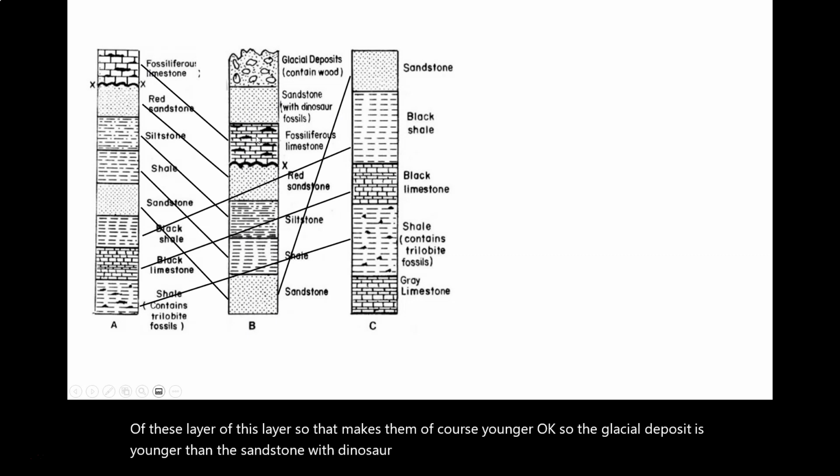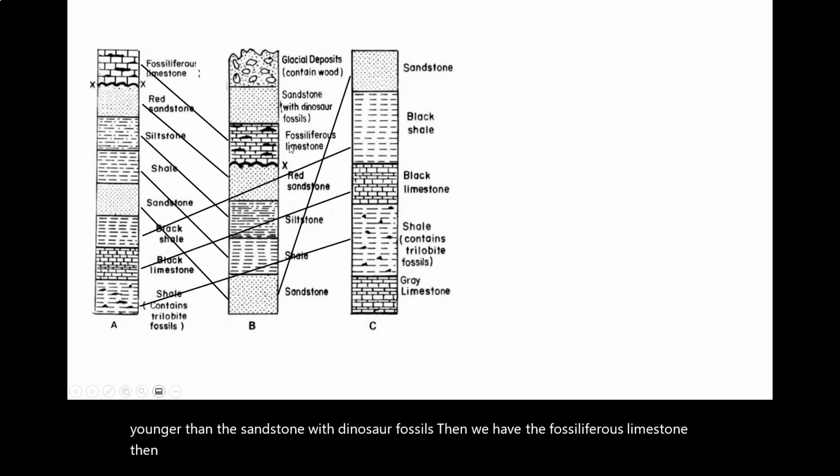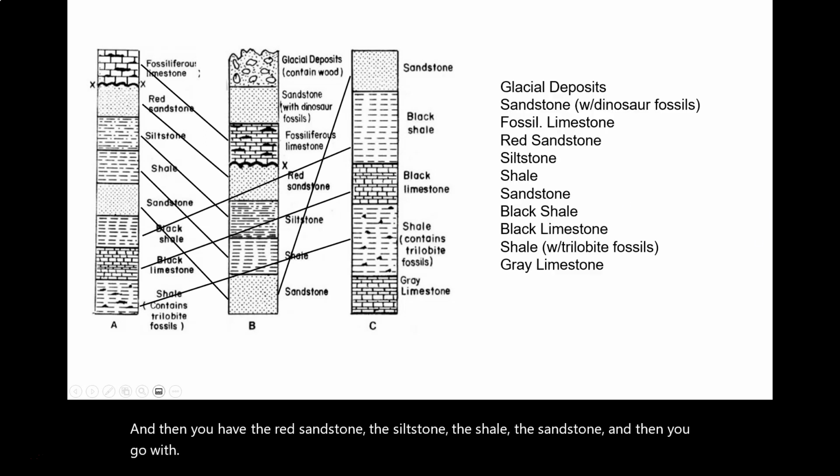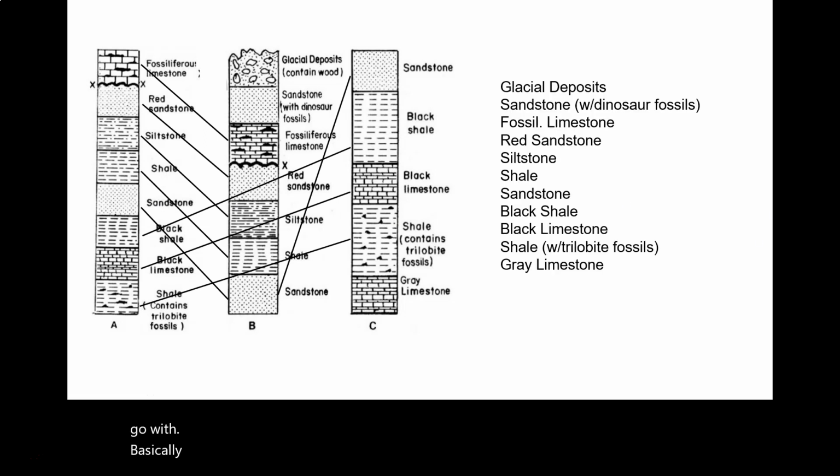Then we have the fossiliferous limestone. Then we have unconformity XX, which we'll look at. So there's a missing rock layer there. And then you have the red sandstone, the siltstone, the shale, the sandstone, and then you go with basically this.